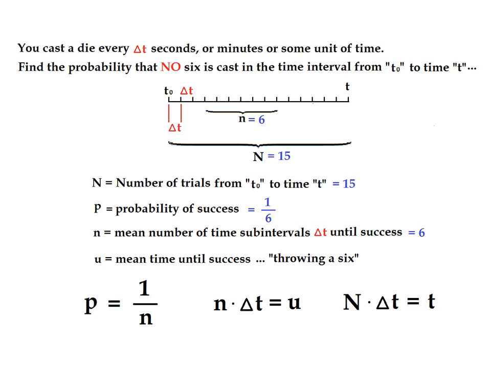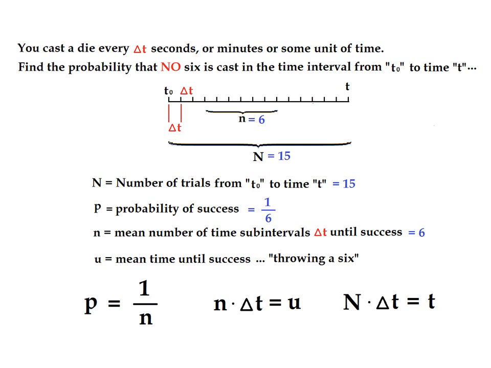Of course, delta t represents some sub-interval of time. Now we're going to seek the probability that no 6 is cast in the time interval from t0 to time t. In other words, from here to here.